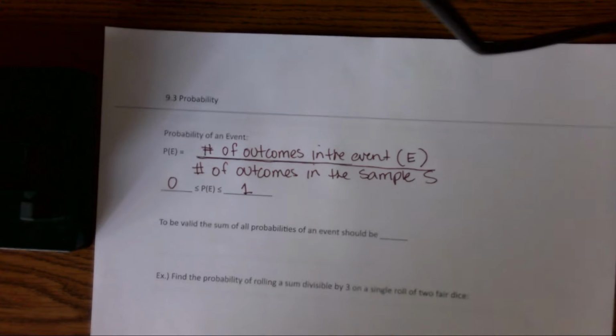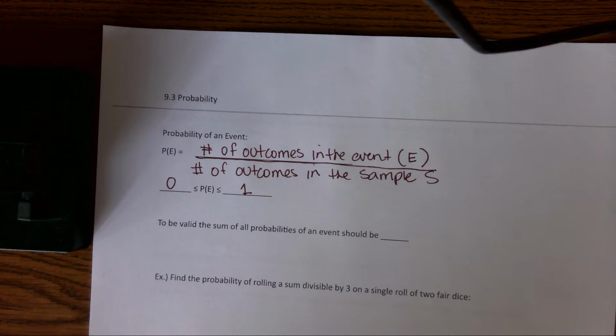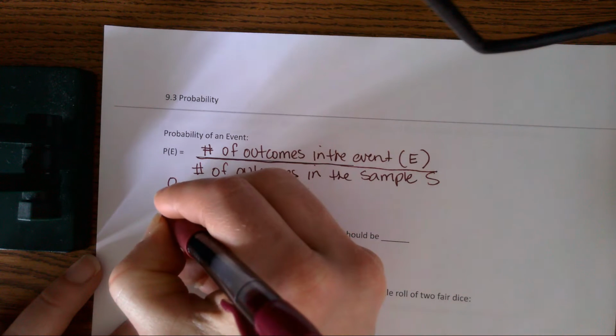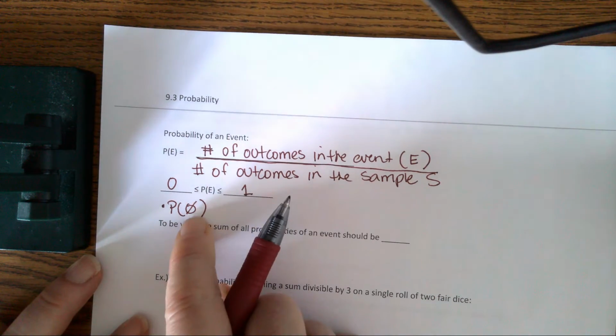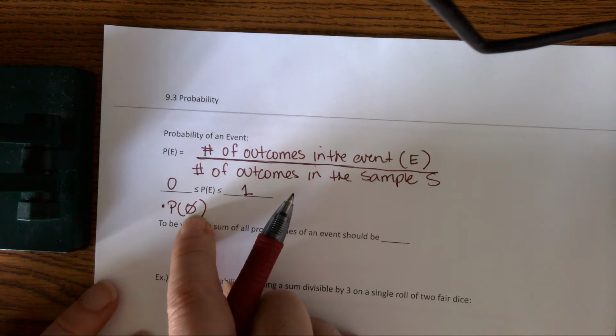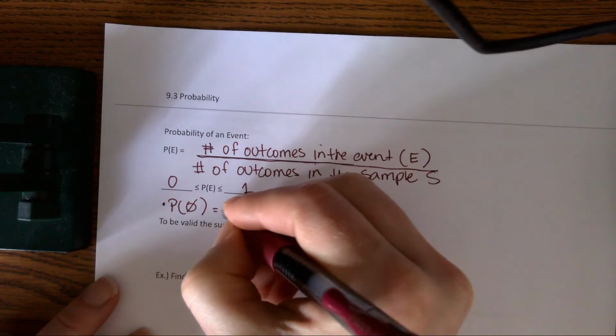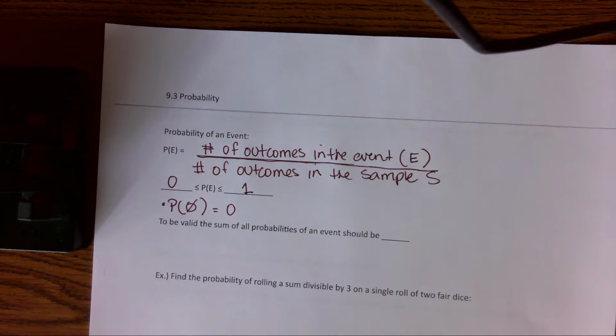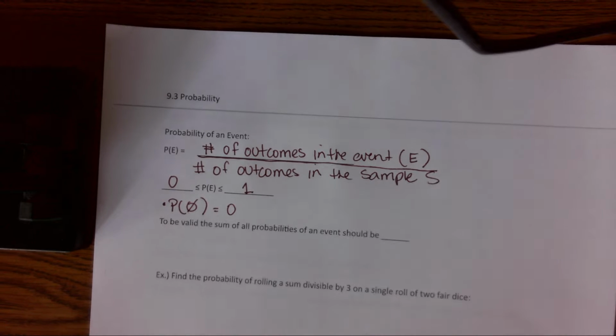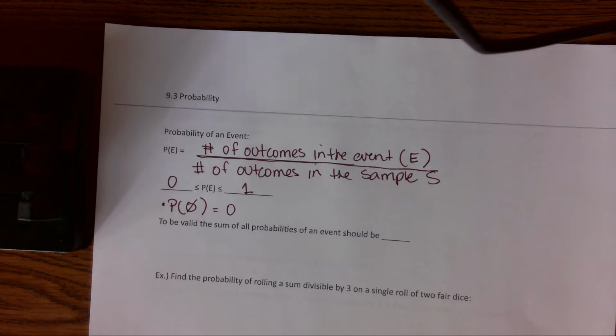Something else that you should know is that the probability of something never happening, something can't happen, is when you'd have a 0. It's called the null set, the empty set, meaning like a circle with a slash through it means there's no things in it, okay?